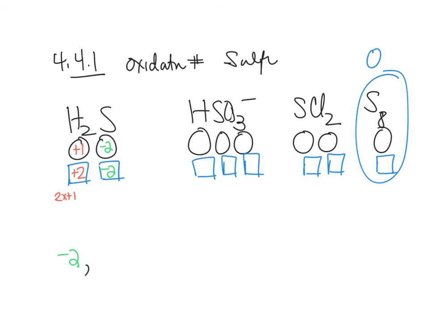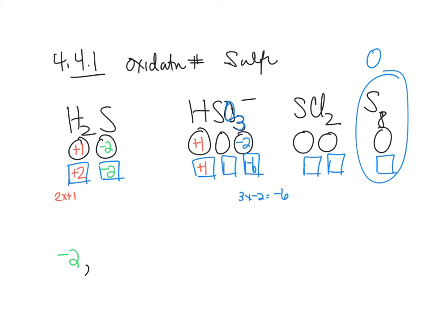Let's go to the next problem. Okay, we said that hydrogen is a +1, and so there's only 1, so +1. Oxygen is always going to be a -2, and there's 3 of them. So what's 3 times -2? -6. So that's -6.